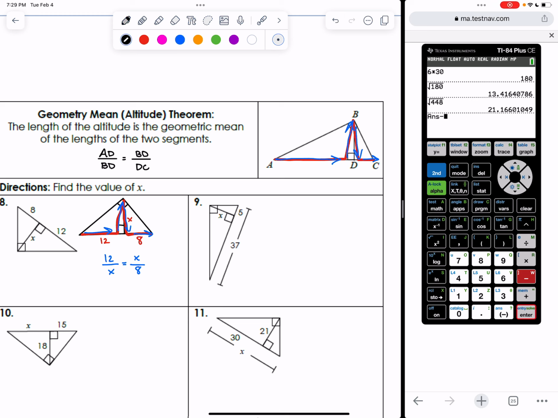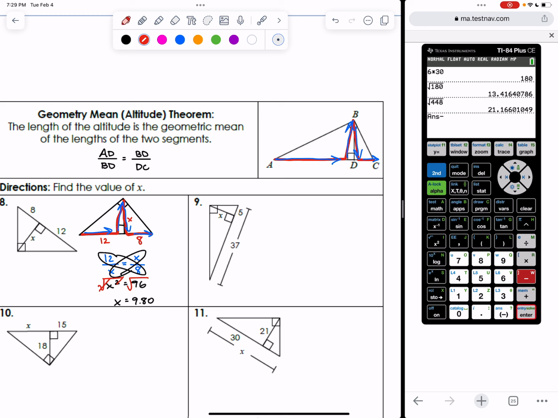Perfect, so there's our setup. Now all we have to do is cross multiply. So x squared is equal to 8 times 12, which is 96. Then square root on both sides, and the square root of 96 comes out to, I believe, 9.80, rounded to the nearest hundredth.